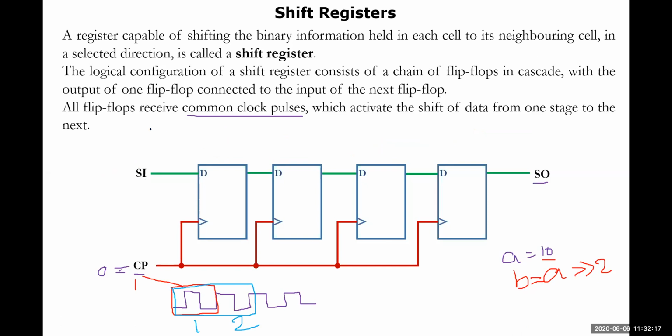For the first shifting, let me write the initial value in blue color. Initial value A equal to 10 means 1, 0, 1, 0. This is the initial value. For the first shift, let me take the color red. This red will be the first shift operation.